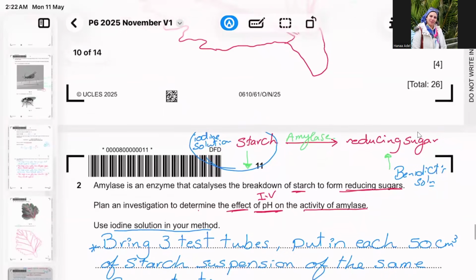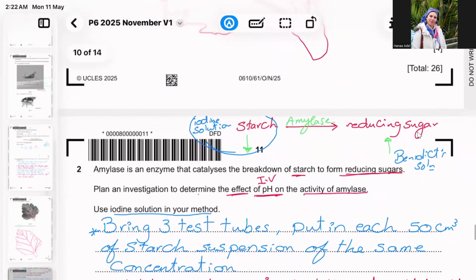So we consider it a controlled variable. Yes. So you have to check it now and then: how many controlled variables, and do I write the independent or dependent, to be sure that you collect all 6 marks in this type of question.